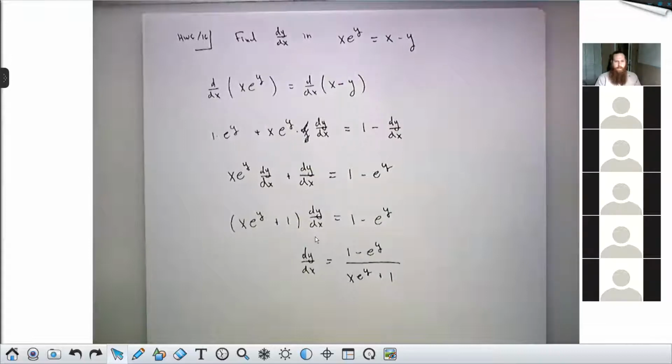So these problems, they're not too bad. There's nothing too frightening here or too overwhelming as long as you're patient.